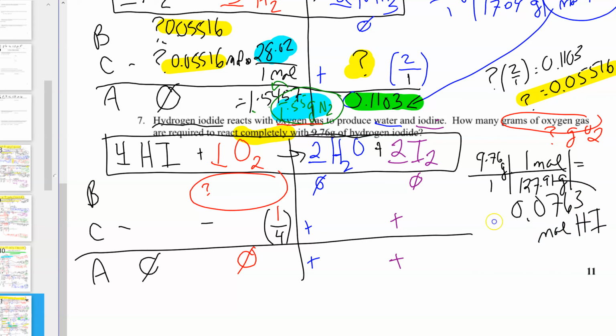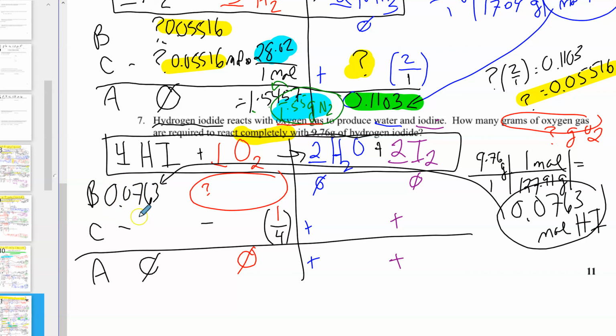Okay, so this number goes in right here. 0.0763 moles of HI. How much of it do we use up? If it's completely reacted, we use up all of it. So minus 0.0763, and that's going to be none left over. Now we can focus on the oxygen part. Okay, so we're going to be using up that same number. That's our limiting ingredient right here.